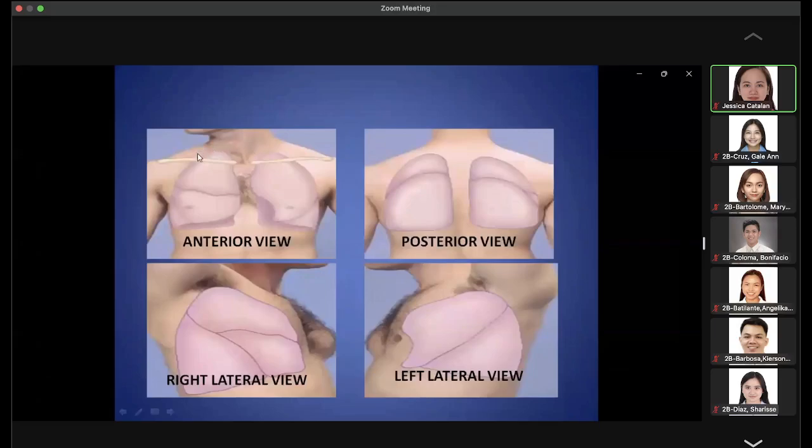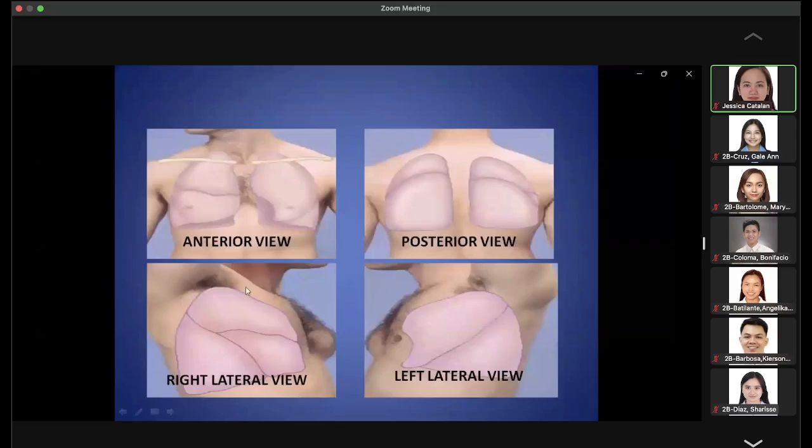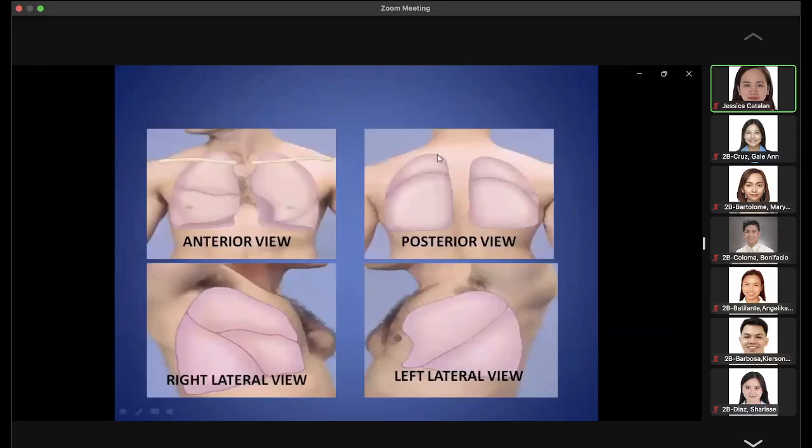For the lateral borders, it extends from the axilla, which is the apex, to the 7th to 8th rib. Posteriorly, the apex of the lung is at C7, and the base is at T10, but on deep inspiration, it can go as low as T12.